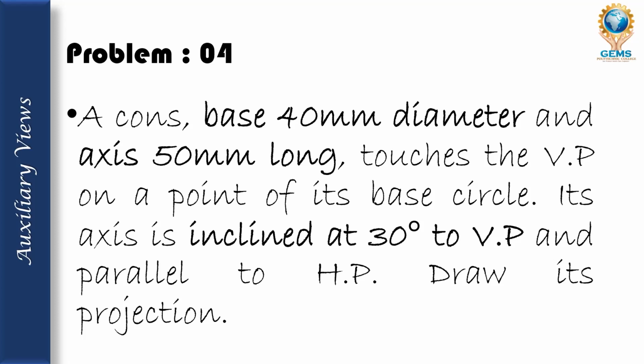The base of the cone touches the VP, the vertical plane. This is the front view. Its axis is inclined at 30° to VP, the vertical plane, and parallel to HP, the horizontal plane. Draw its projection.